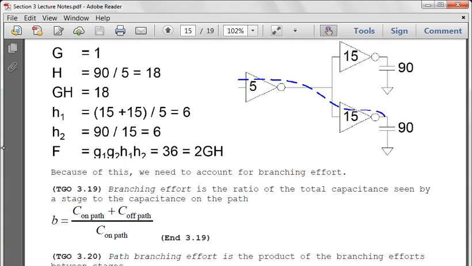So what ends up happening is students design a cell and test it, it meets all the noise margins, it meets all of my performance metrics. Then you put two properly designed cells together and expect them to work, but they don't, because they haven't accounted for branching effort.